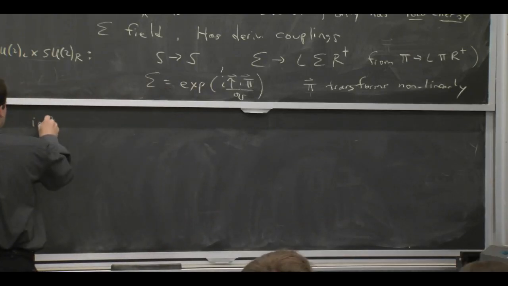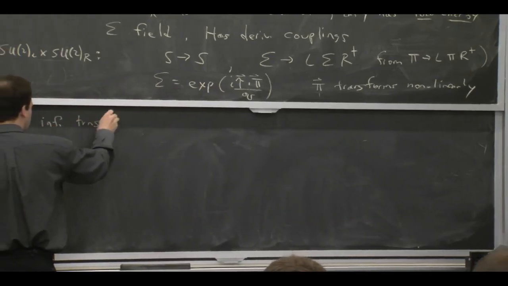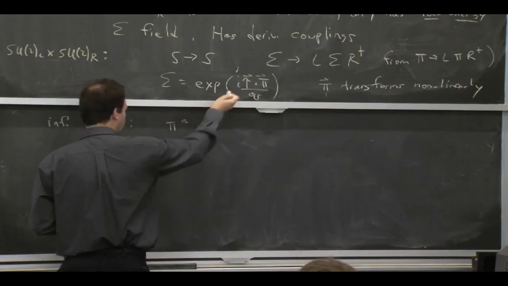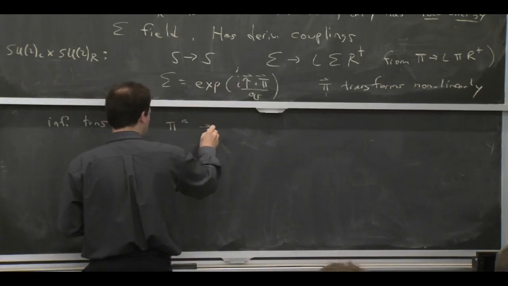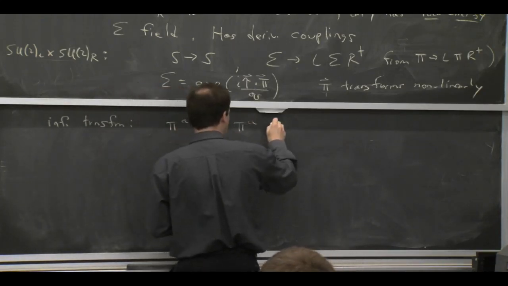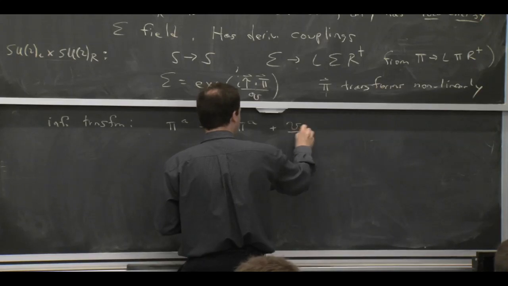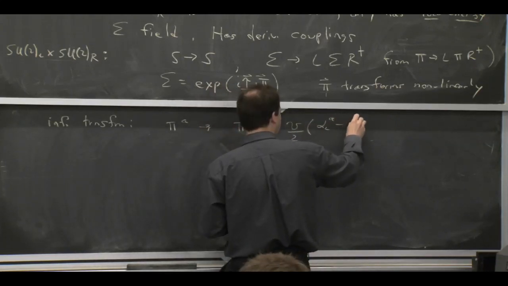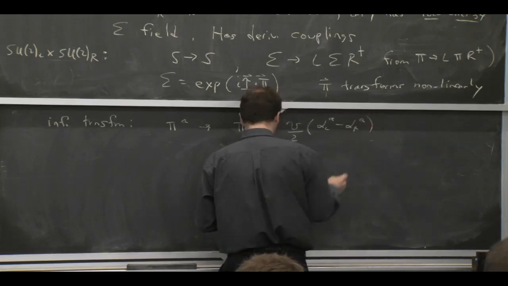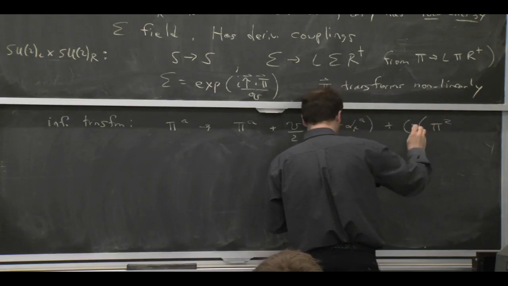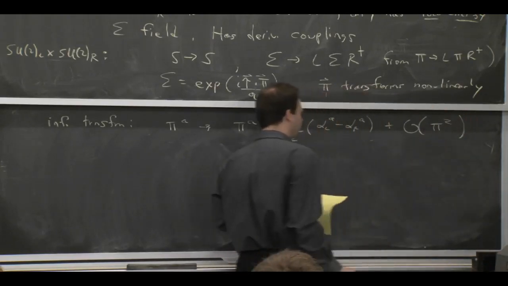If you do the infinitesimal version of the transformation, and you work out for the pi^a field, which is the a-th component of the vector, a being 1, 2, or 3, part of the transformation is simply a shift, and then there are additional pieces, which are things that you would keep, of order pi squared and higher.